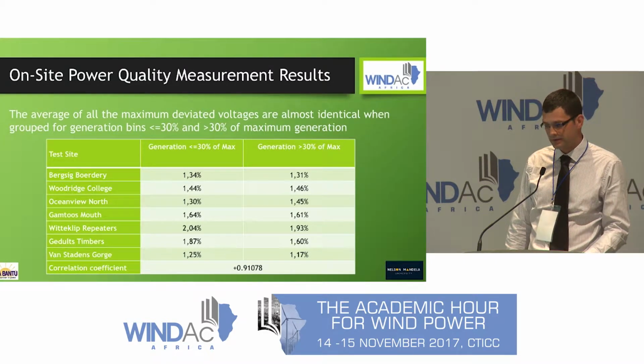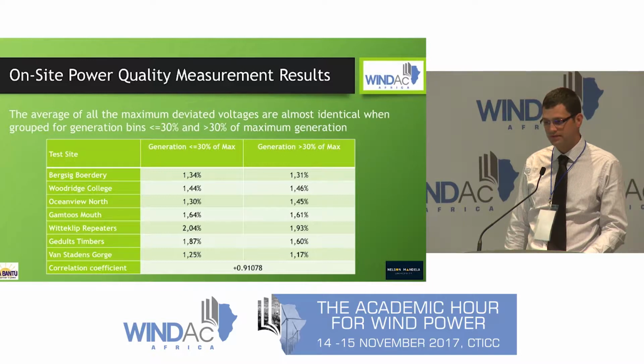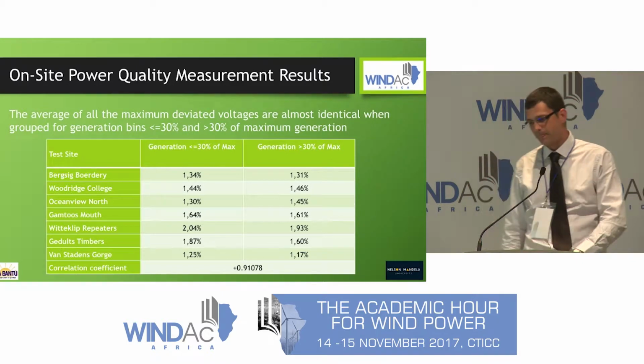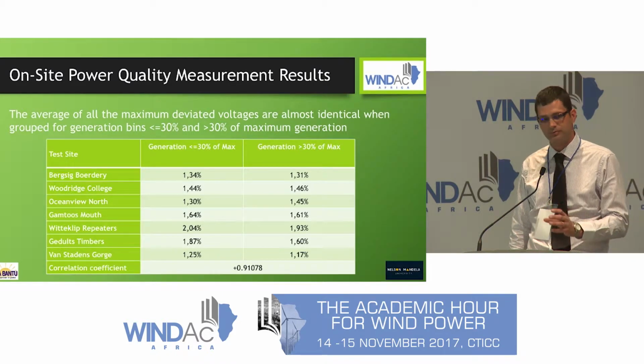Basically, what I then did was, for those 10% generation bins, take the average of all these maximum deviated voltages. So for each measurement point, a maximum deviated voltage was calculated, and these maximum deviated voltages were grouped into a specific generation bin.